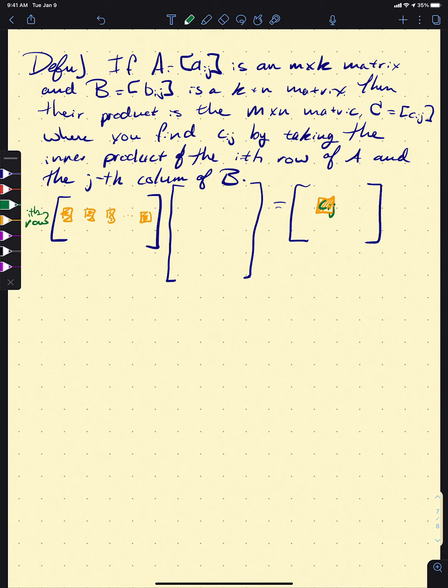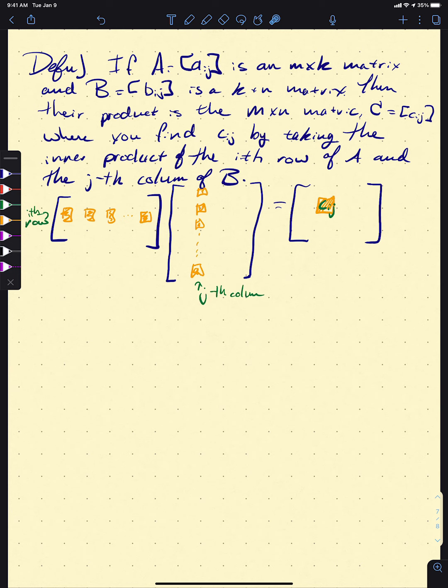Then we take the inner product of that with the jth column of B. If you recall, this inner product is taking this one multiplied by that one, then adding this one times this one, plus this one times this one, and so on across the whole row.